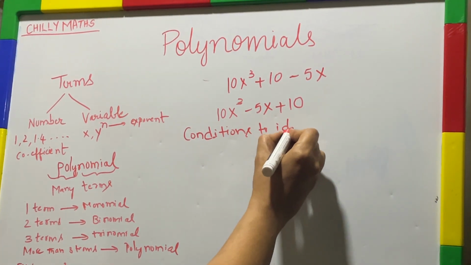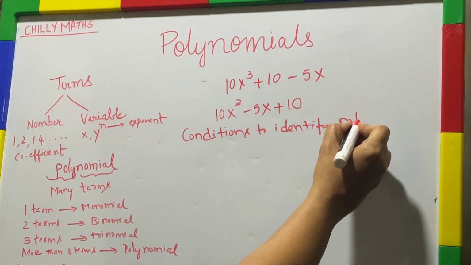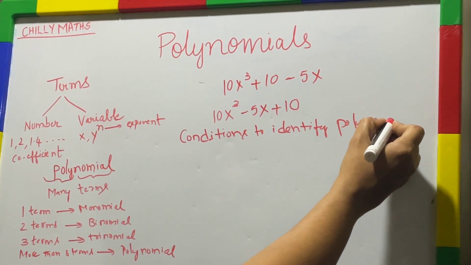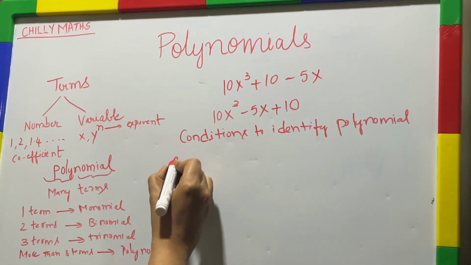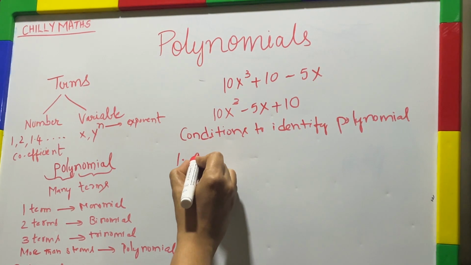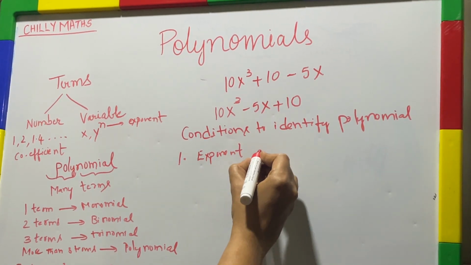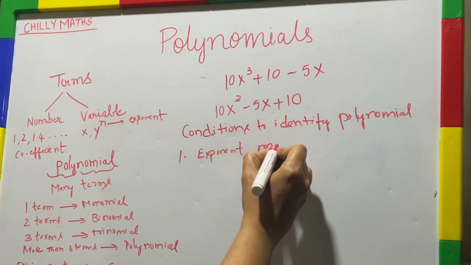Conditions to identify a polynomial expression. The first condition is that the exponent should be non-negative.